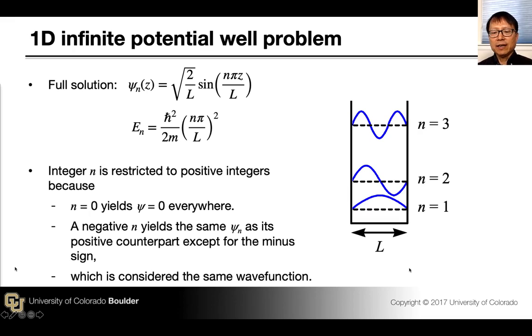So we only consider the cases where n is a positive integer. So the lowest energy state here is represented by n equals 1. And then the next higher energy state is n equals 2 and n equals 3 and so on and so forth.